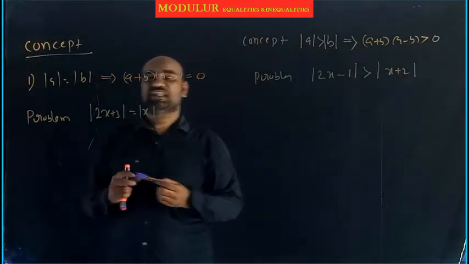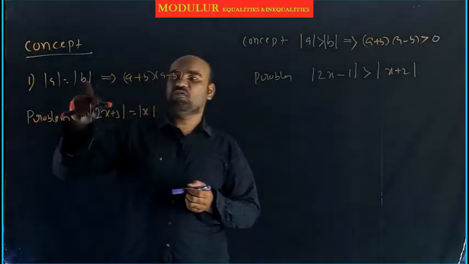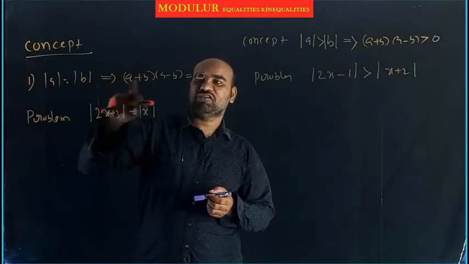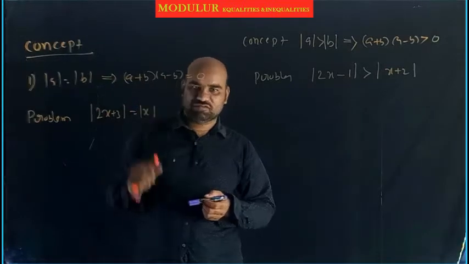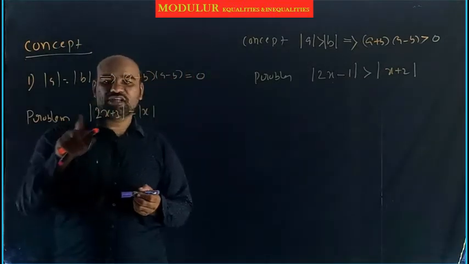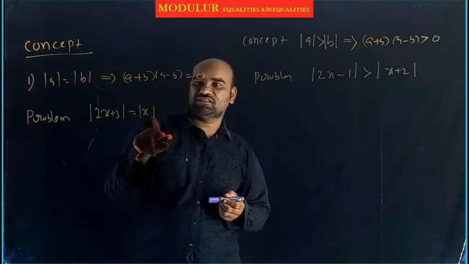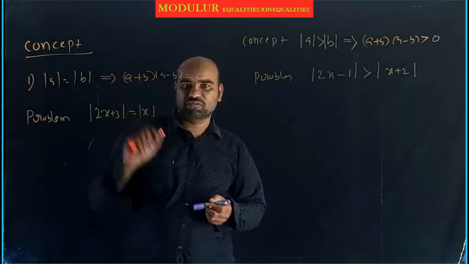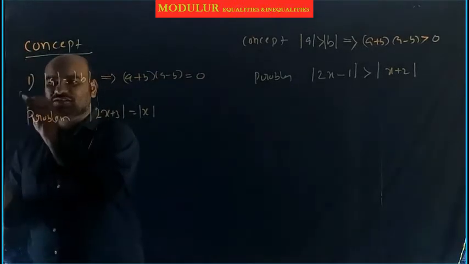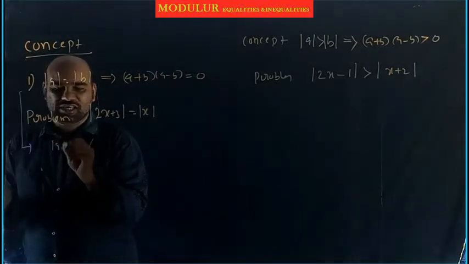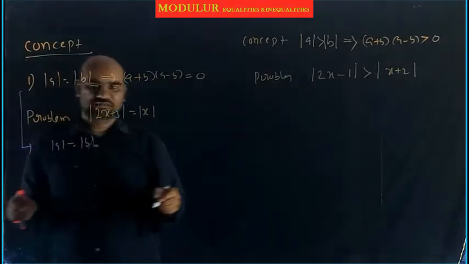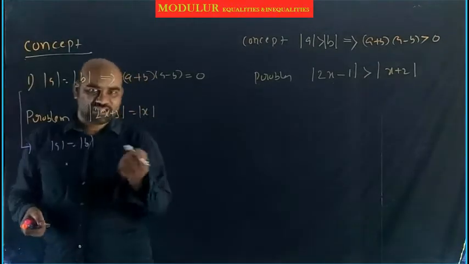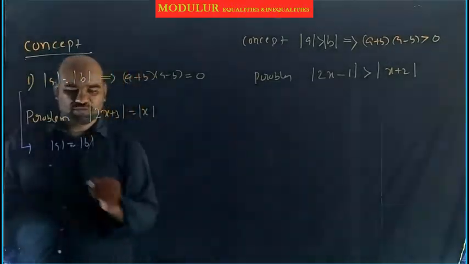Okay students, another concept: mod a equal to mod b. Directly we can say that a plus b into a minus b equal to 0. So for the problem mod of 2x plus 3 equal to mod x, directly I can use this concept. First of all, I want to explain this. Mod a equal to mod b. Squaring on either side, equality only, no problem.